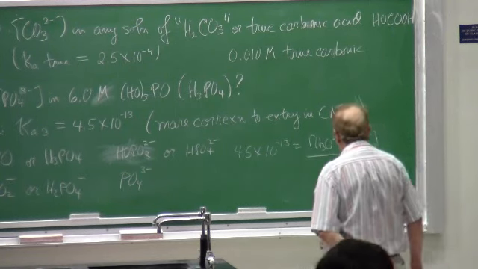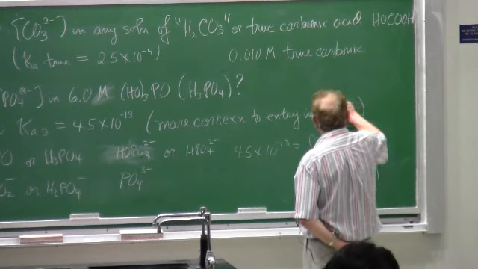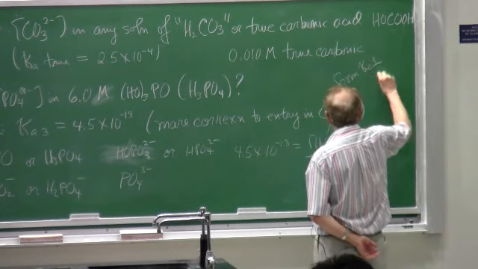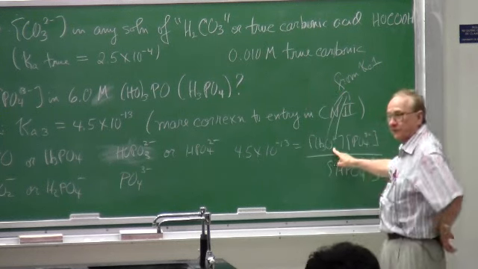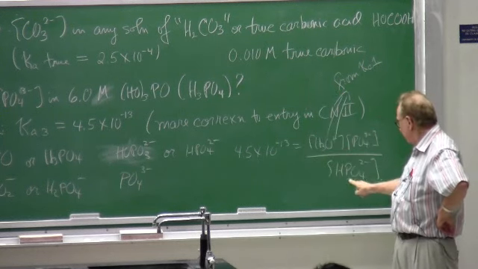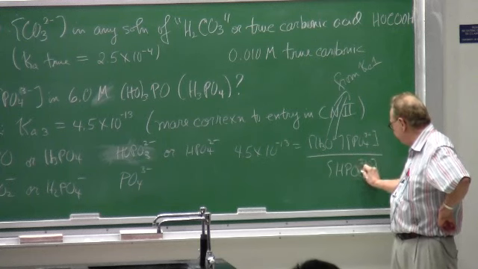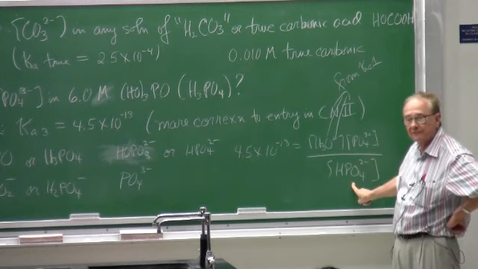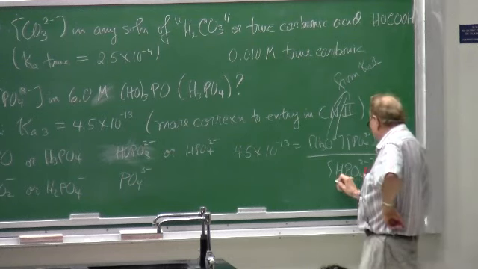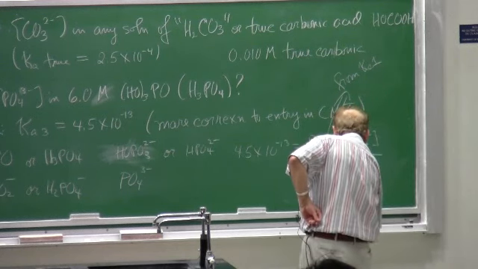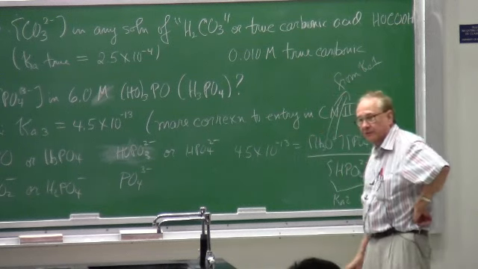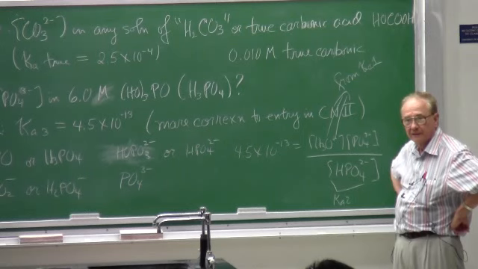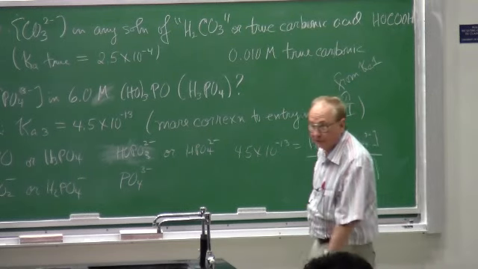Ka1, all done. So for this, we'll write from Ka1. So this is no longer an unknown. How do we get this molarity? This is Ka2. Bingo. Just write in the value, Ka2. So how many unknowns do you have now? 1. Done. That's all there is to that.